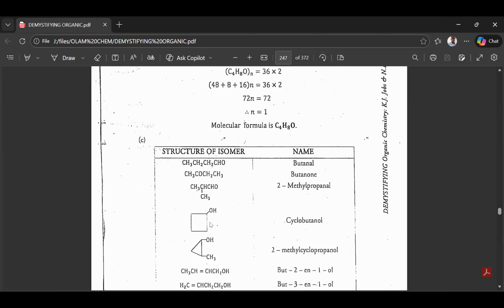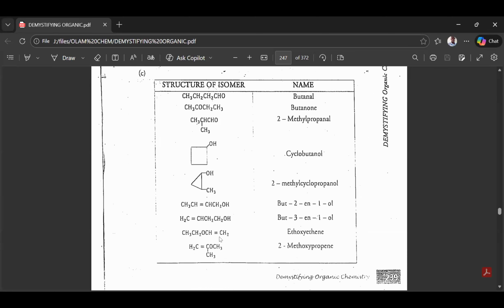So you can get cyclobutanol from such a carbonyl compound. Then you have another one, which is 2-methylcyclopropanol. This one is also an alcohol, still from a carbonyl compound. Therefore, carbonyl compounds are functionally isomeric to alcohols.